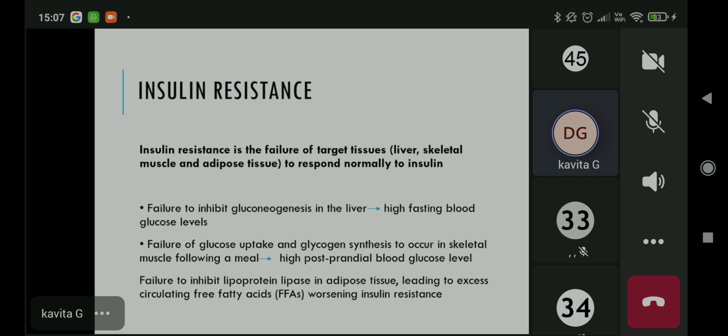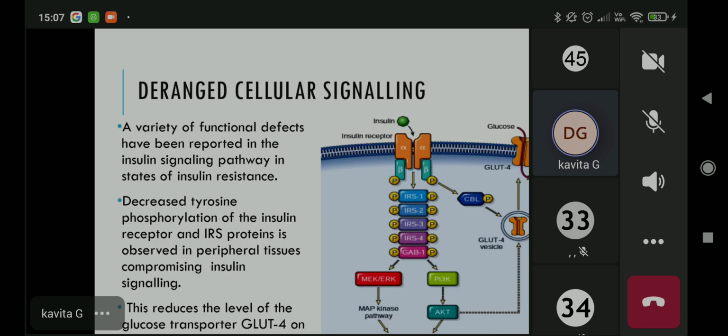Now the third thing is failure to inhibit lipoprotein lipase in the adipose tissue. This results in increased FFAs, worsening, compounding the problem. If that was not enough, we all know that insulin binds with the insulin receptor. उसके alpha subunits होते हैं, beta subunits, and all the pathways mediated by tyrosine kinase.